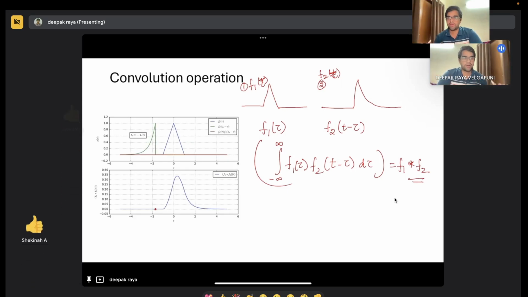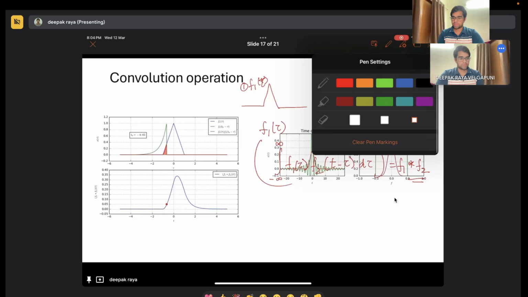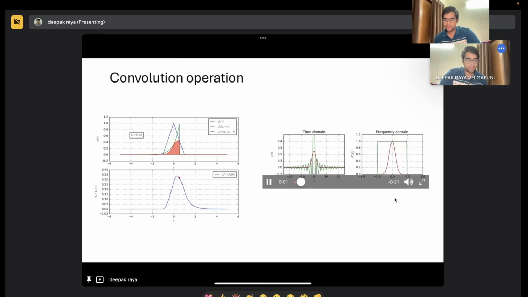So you can either convolve in time or frequency domain. Okay, give me 2 minutes. I think this will be a bit complex because I haven't thought it through. Basically, here what I'm showing is in the frequency domain, wait, let me stop this.